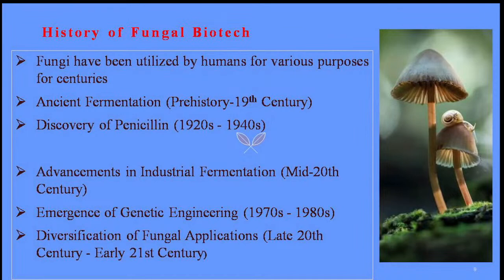Then came the emergence of genetic engineering during the 1970s and 1980s, followed by diversification of fungal applications during the late 20th and early 21st century, where fungal biotechnology expanded to areas like food production, biofuel development, environmental bioremediation, and biodegradable materials. The diversity of applications continued to grow as more fungal species and their capabilities were explored.